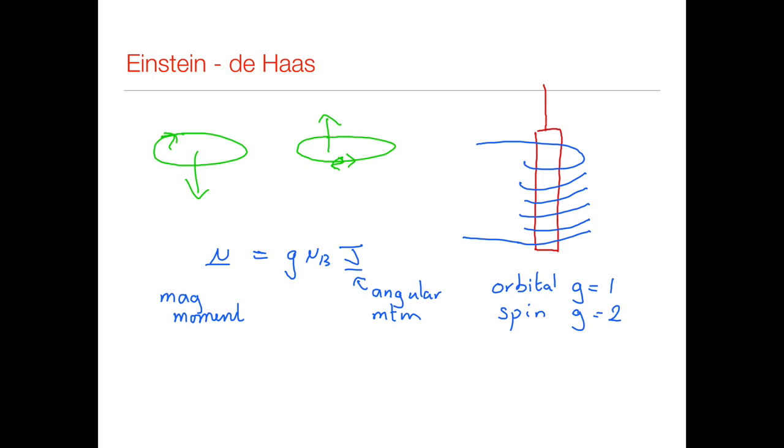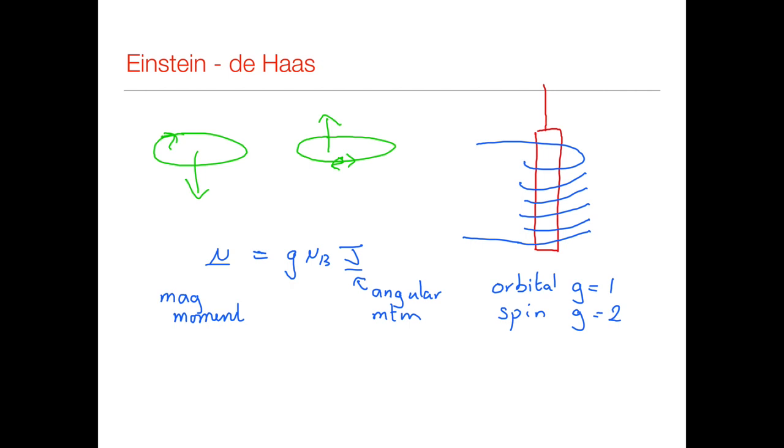Now, actually, these types of experiments can be quite interesting because in BCC iron, the magnetism is pretty much coming from the spin. But if we were to look at a ferromagnet containing a 4f metal, something like NdFeB, neodymium iron boron magnets, very common, quite strong magnets, or the samarium cobalt magnets that you often get in headphones, we would find that the magnetism there is coming from a mixture of orbital and spin.